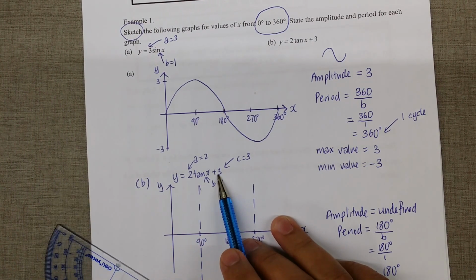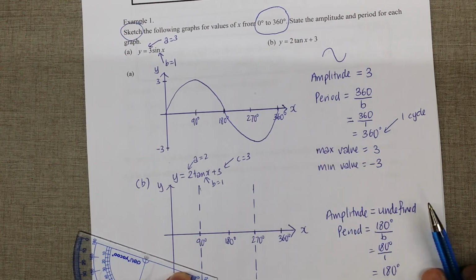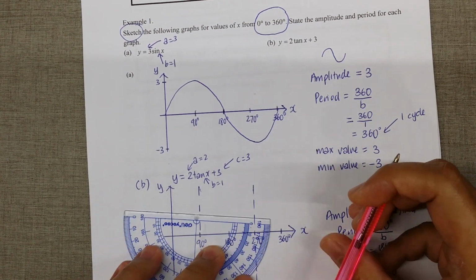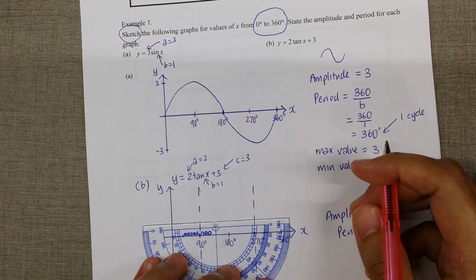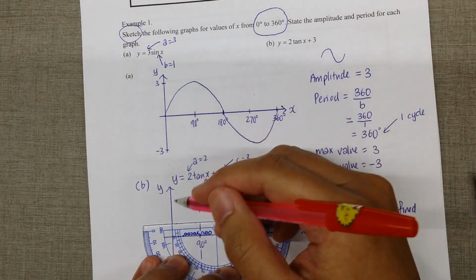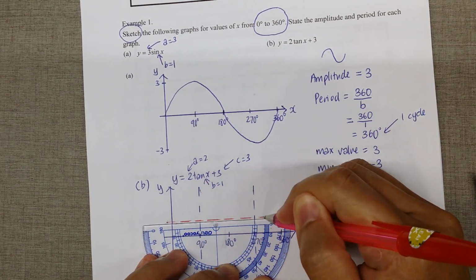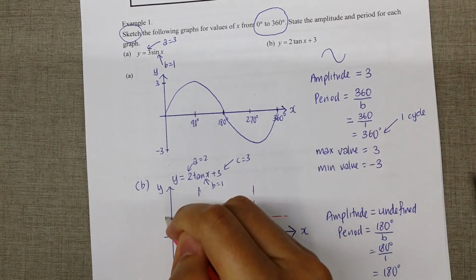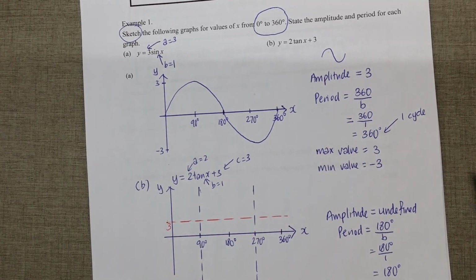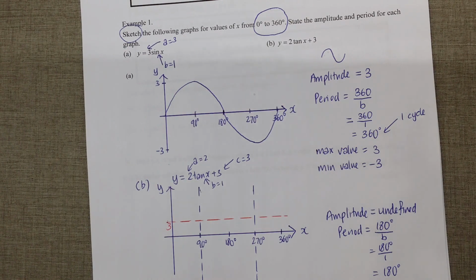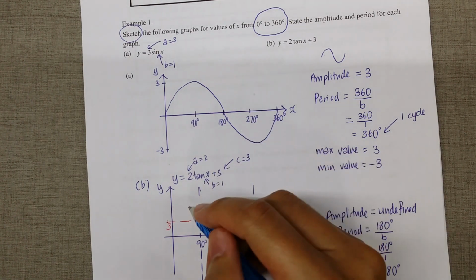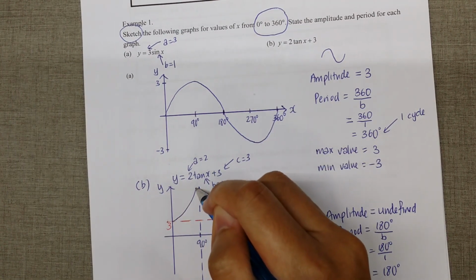That means the midline will be shifted up by 3. Okay, this question is challenging. The midline will shift up by 3 units. So this is 3. So how will the graph look like? The graph will look like this.